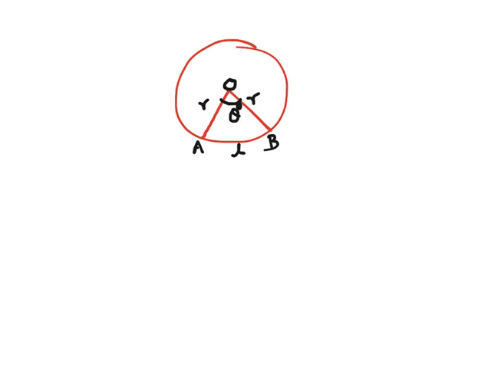Consider the circle, students. They have given the radius is r units and the length of the minor arc AB is L, and the central angle is given in degrees, theta degrees. Then how do we find the length of the arc? Again we use the unitary method. If the central angle is 360 degrees, then the arc length will be 2 pi r, which is basically the circumference of the circle.